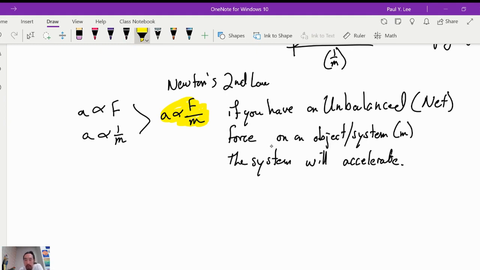I'm going to highlight all the parts that are in the formula. We have F, we have M, and we have A. And from there, we come up with a formula, F equals ma.